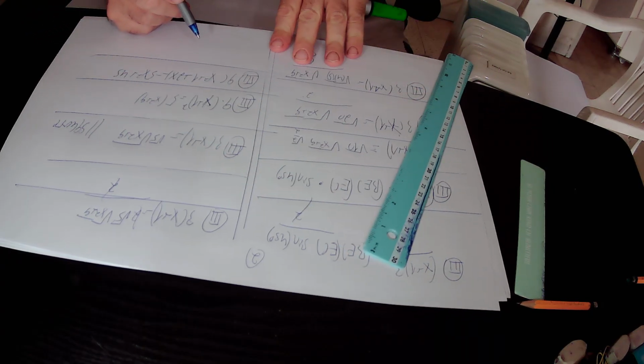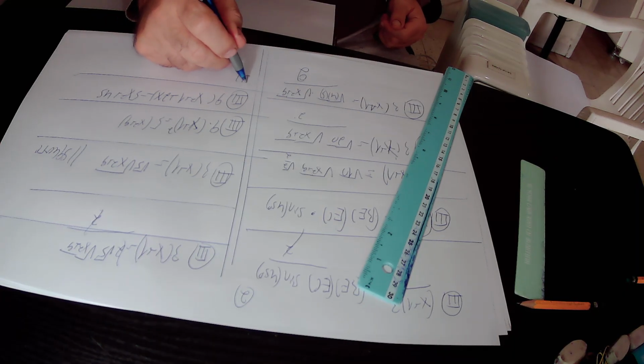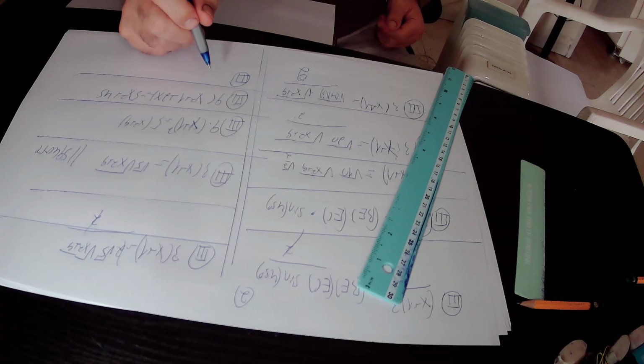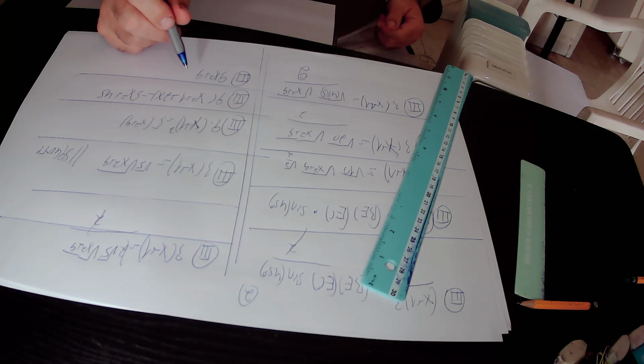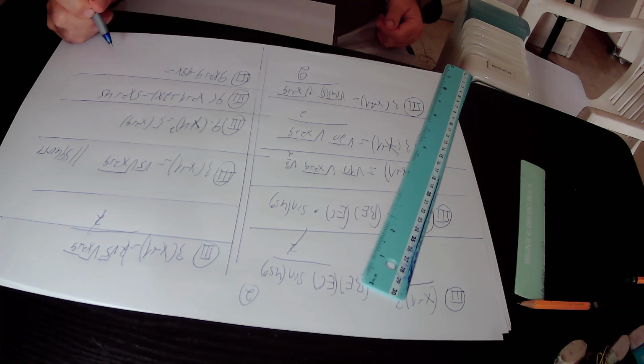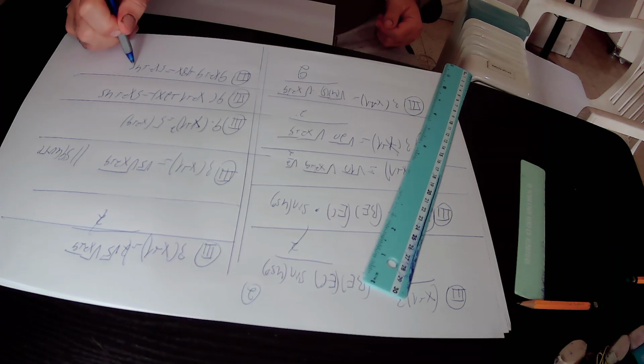Now we open the brackets on this side: 9 times x squared is 9x squared, plus 9 times 1 is 9, plus 9 times 2x is 18x, equals 5x squared plus 45.